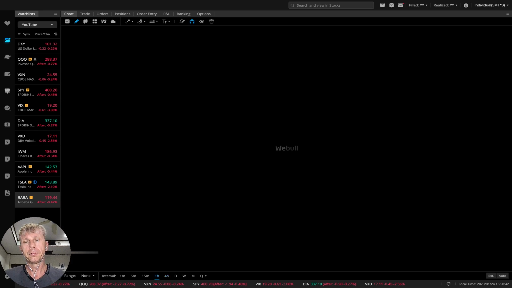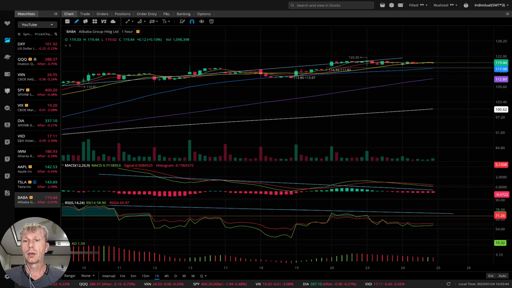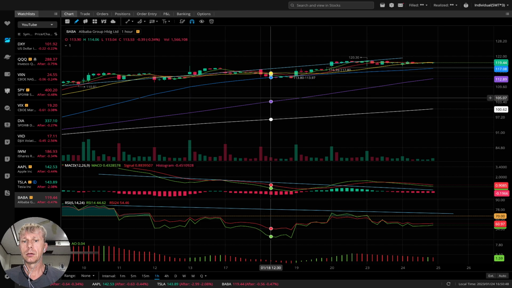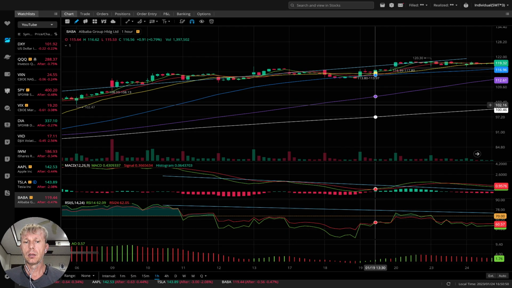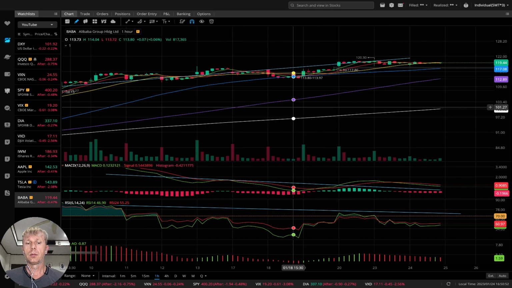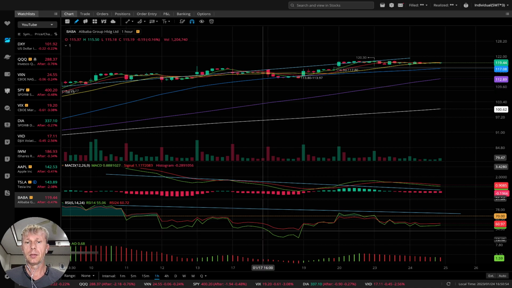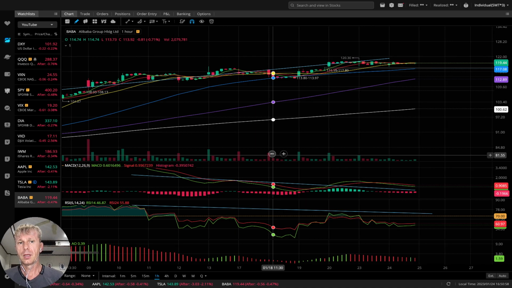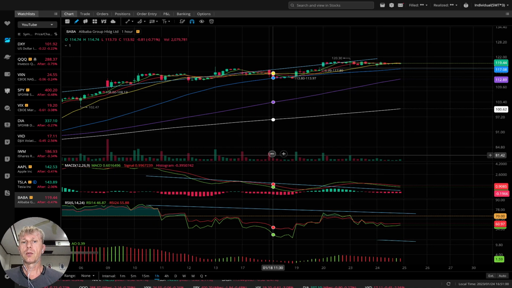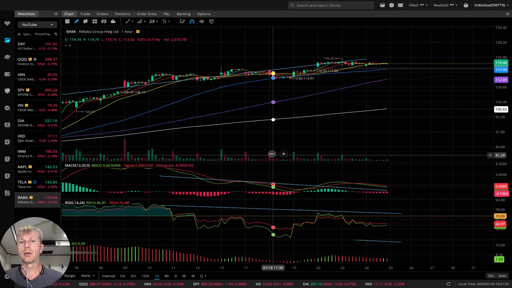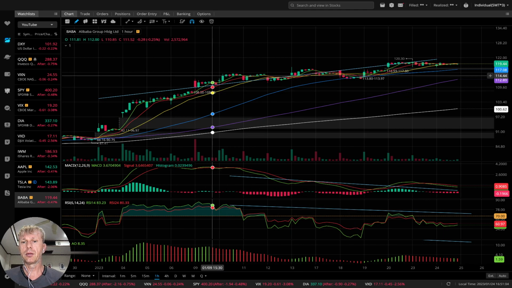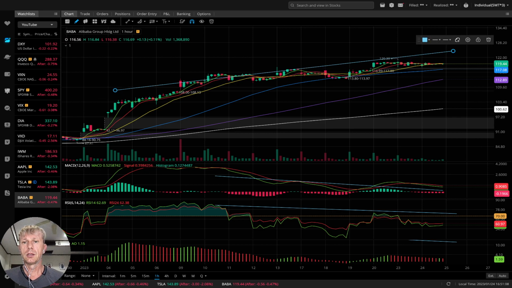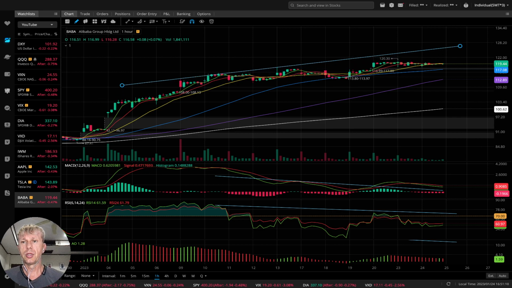1 hour. Let me minimize it. The price action for 1 hour is bullish, right? The price action is uptrend. It's kind of changing direction, right?